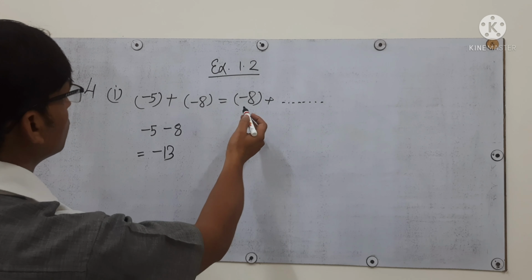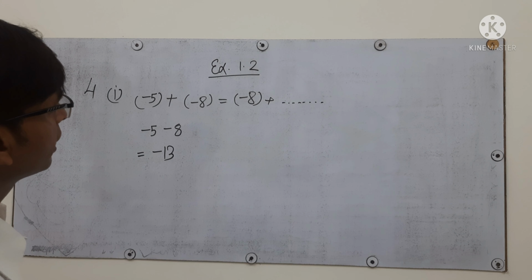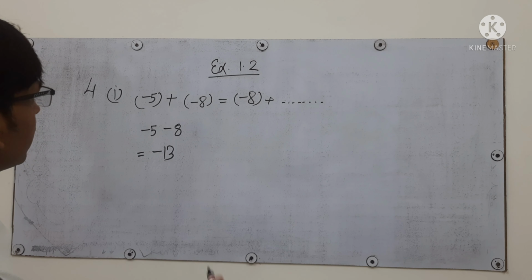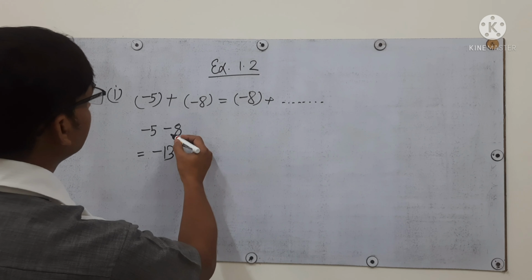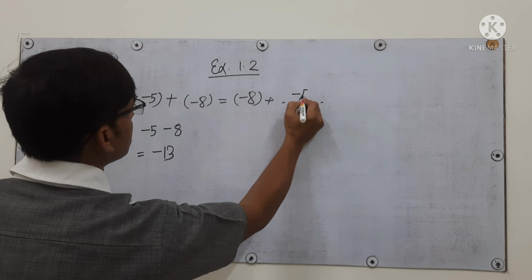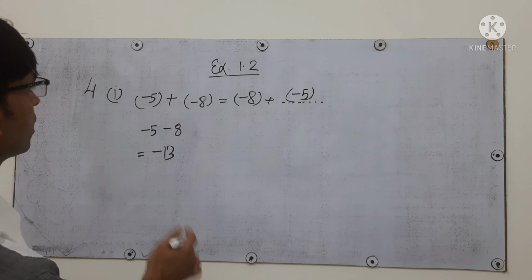So if we add, which number will we add to minus 8 which makes the answer minus 13? We find we can add here minus 5. When we add minus 5, then the answer will be the same, minus 13.